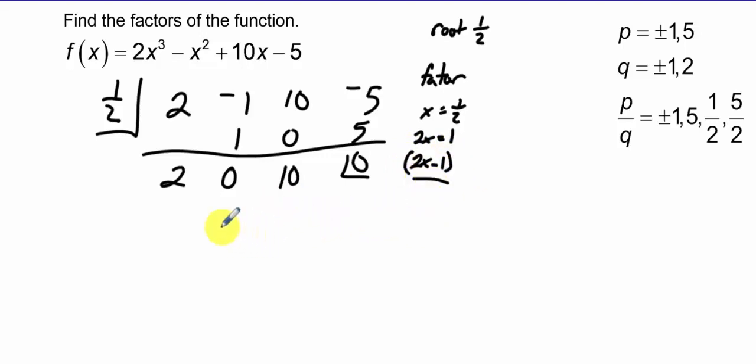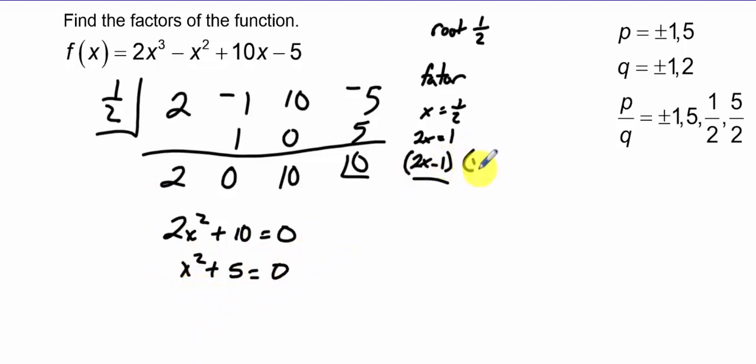Then I notice, in this case, I have 2x squared plus 10 equals 0, or x squared plus 5 is equal to 0 because I divided both sides by 2. So this is actually another factor. I'll just put it over here. And essentially, I've done what the problem's asked me to do. I've found the two factors.